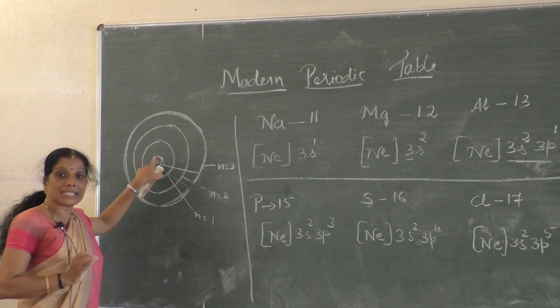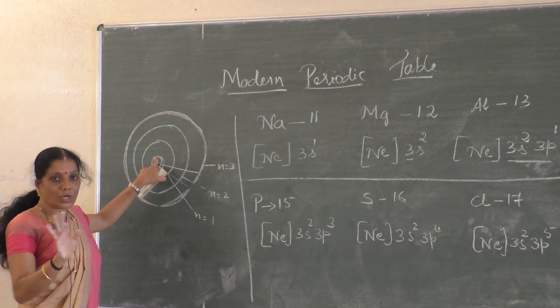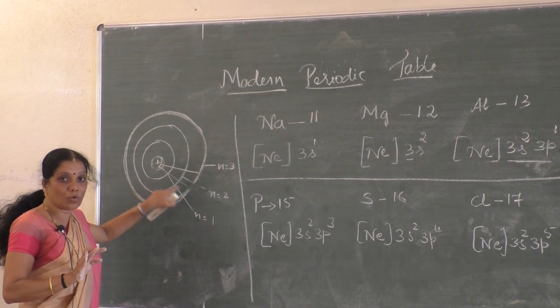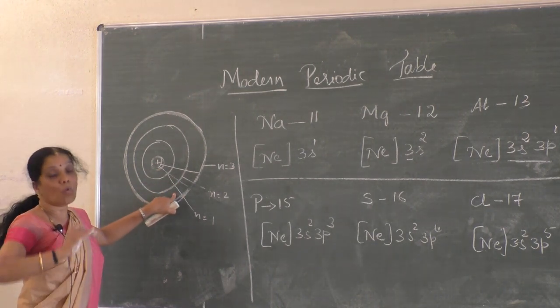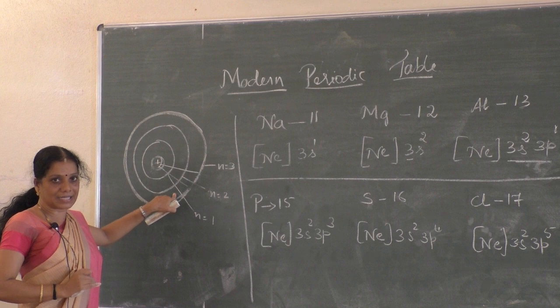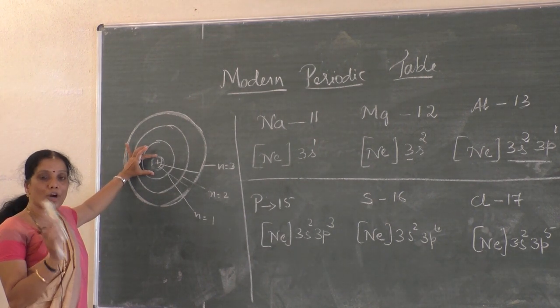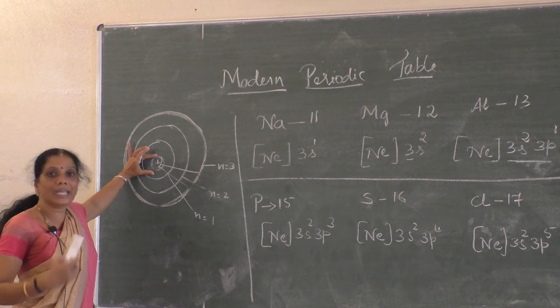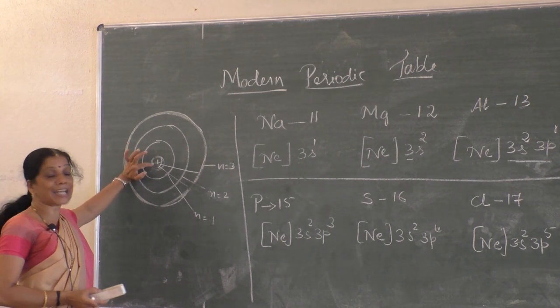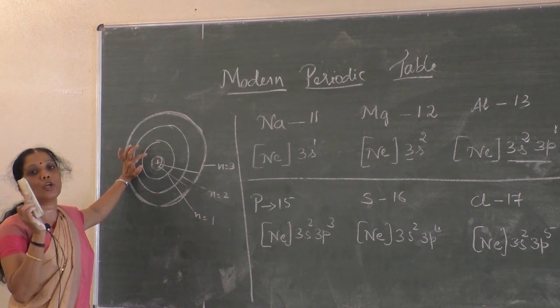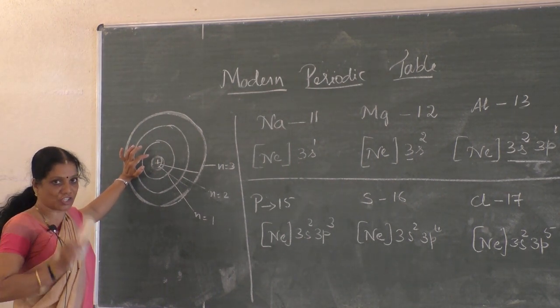Because of the increase in the number of protons, there is no difference in the distance between the nucleus and the outermost shell, only the number of electrons increases. What happens now? The attractive force by the positive particles increases. That attractive force is always called the nuclear force of attraction.